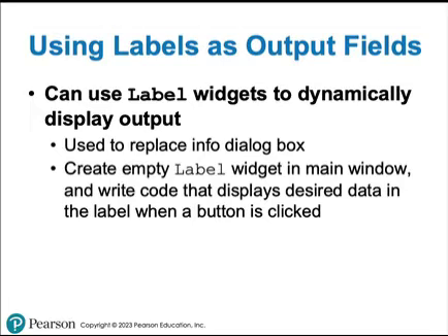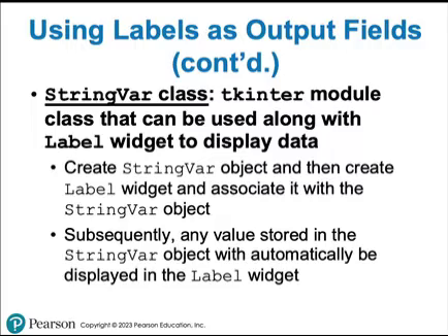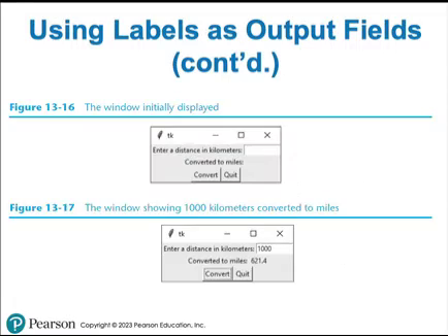You can use labels to display information if you would like. tkinter has a StringVar class that is used to contain variable length strings and to display them to the user, and automatically display that to a label widget for you.